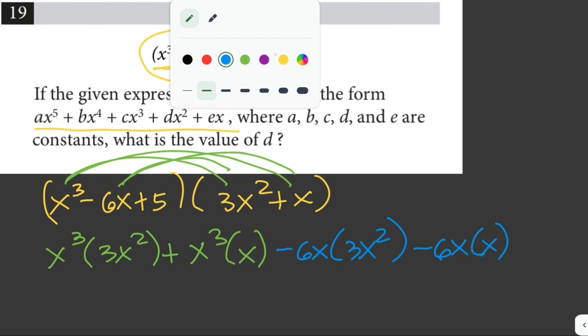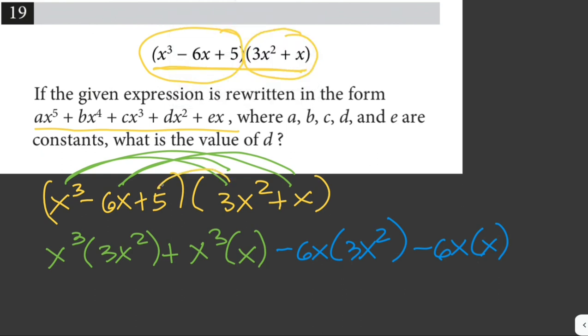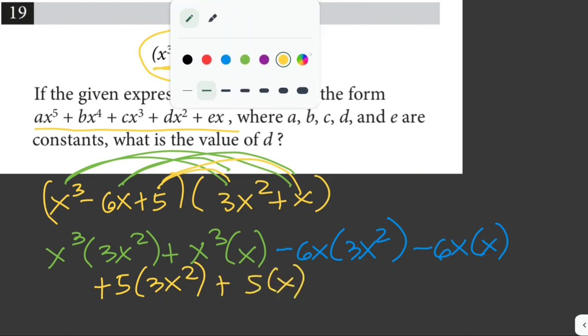And then the next one is 5. So plus 5 times 3x squared plus 5 times x. Now we can simplify them.